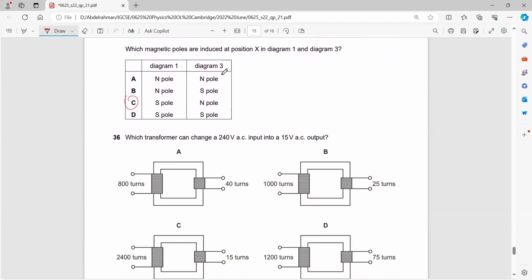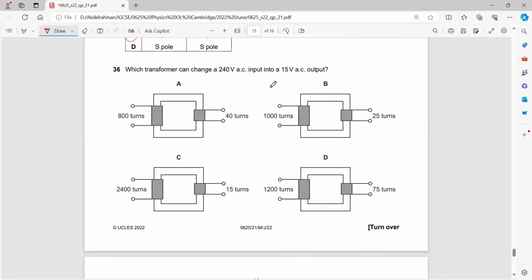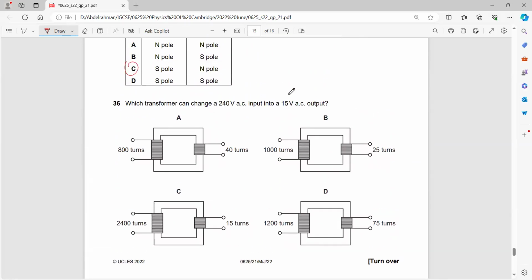Question 36. Which transformer can change 240 volts to 15 volts? We have to calculate, using the equation Vp over Vs equals Np over Ns.